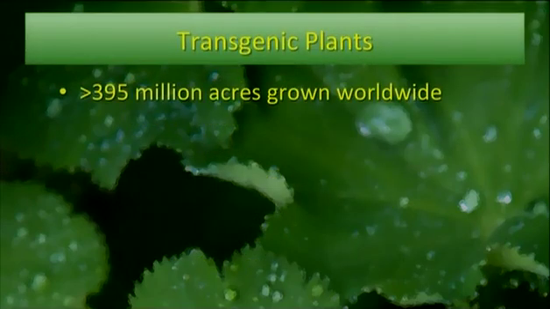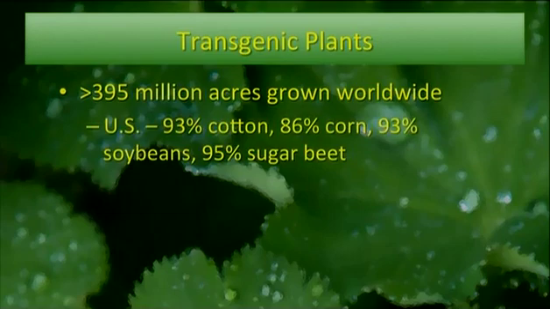There are more than 395 million acres of transgenic plants grown worldwide. In the United States, 93% of the cotton, which is a very heavy feeding, high maintenance plant, 86% of the corn, 93% of the soybeans, and 95% of the sugar beets are transgenic plants.